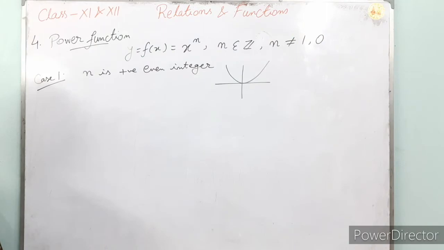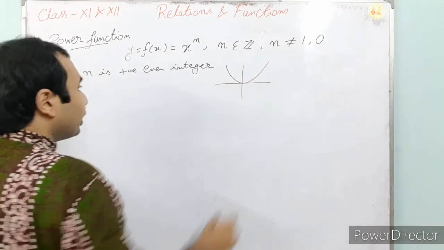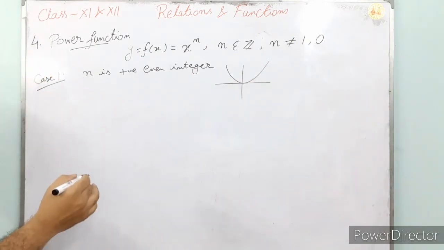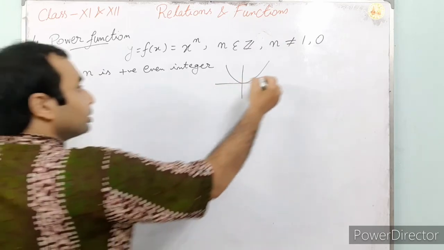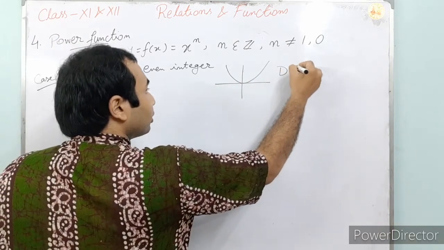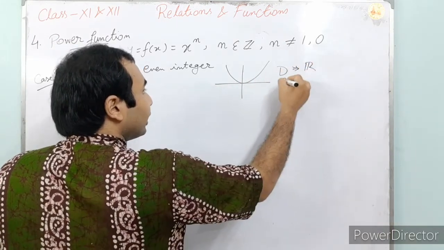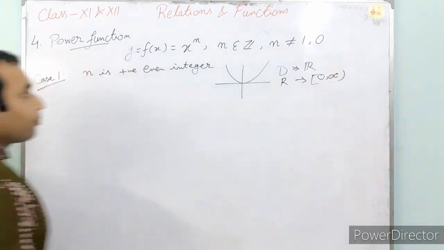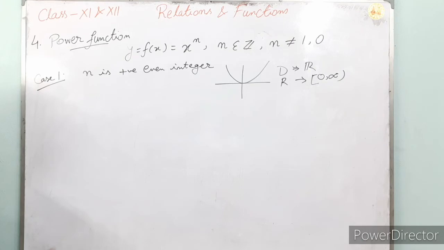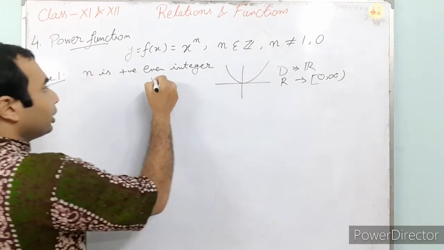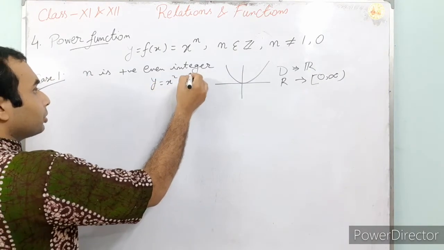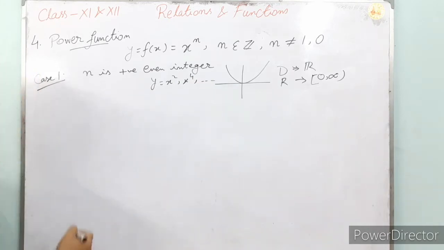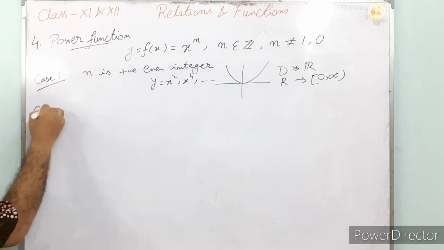That is the parabola. Here the domain is the total real number set and the range is 0 to infinity, for n a positive even integer, that is y equals x squared, x to the power 4 and so on.